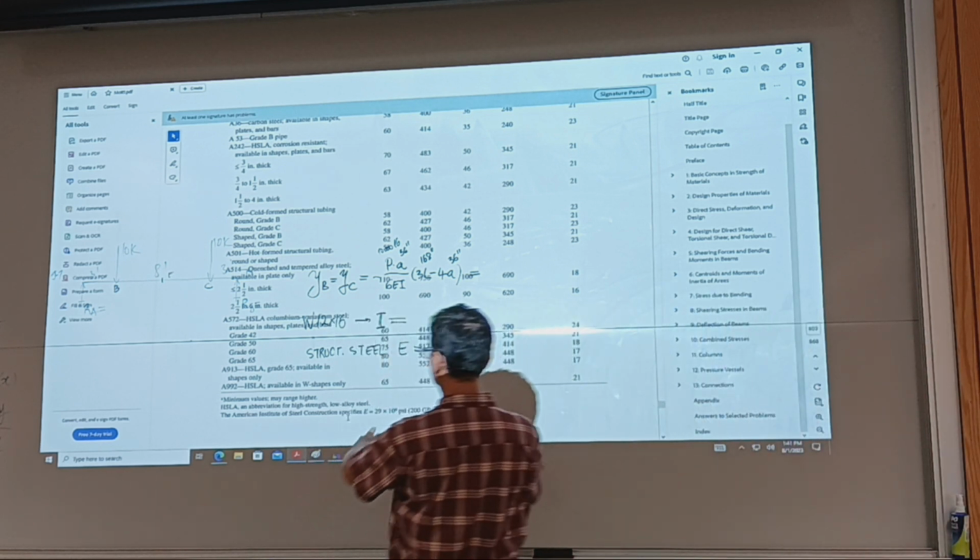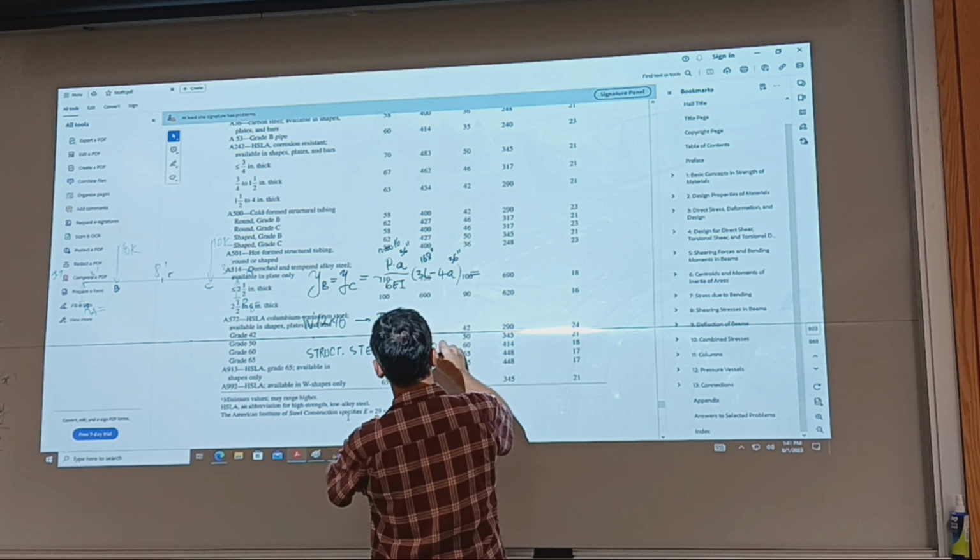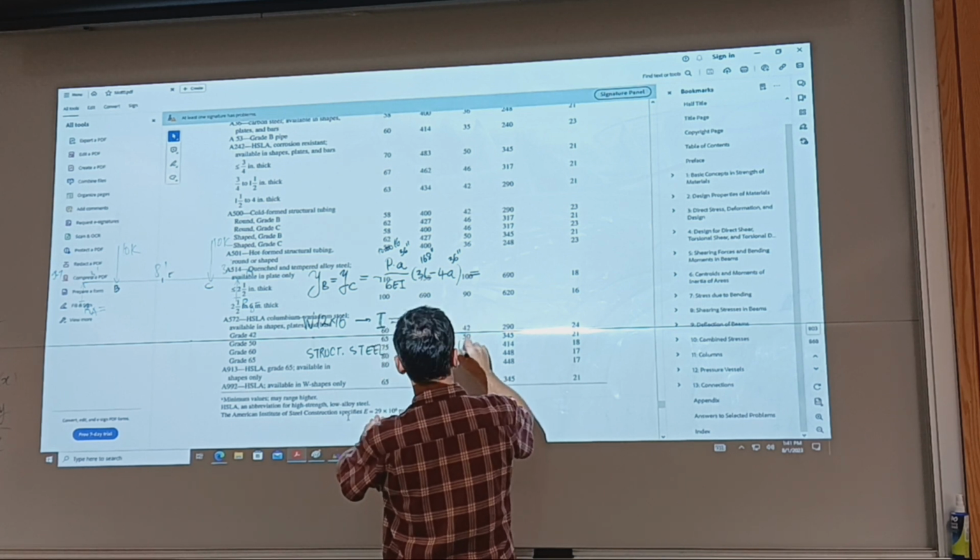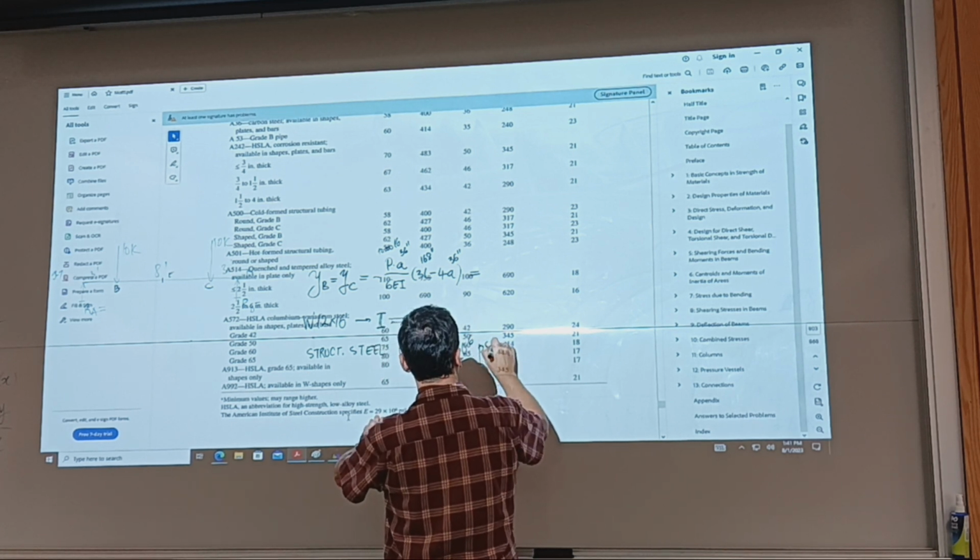So taking care of this first, 29 times 10 to the power 6 psi.